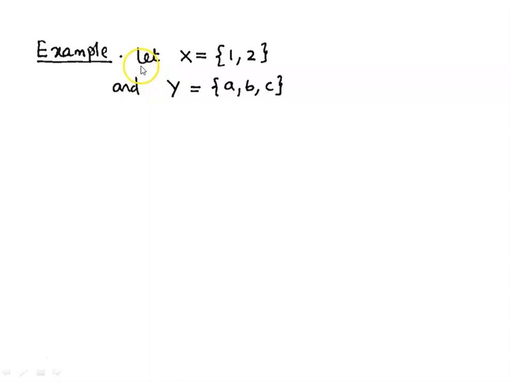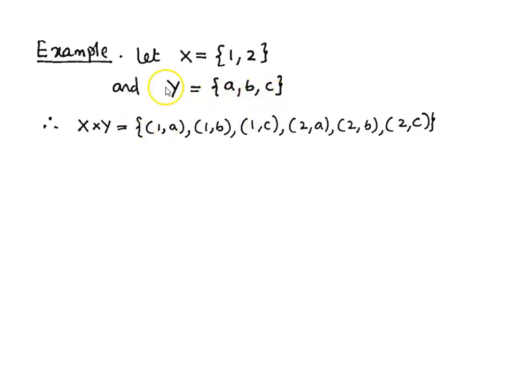Here we have another example. Let X be a set containing 2 points, 1 and 2, and Y be a set containing 3 points A, B and C. So X cross Y, the product of X and Y, is (1,A), (1,B), (1,C), (2,A), (2,B), (2,C).